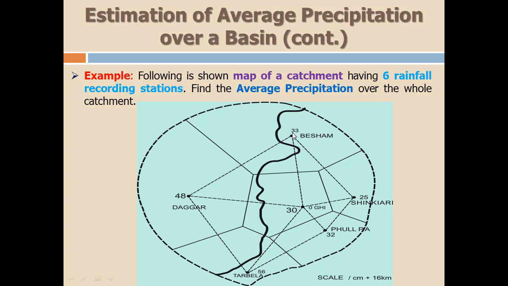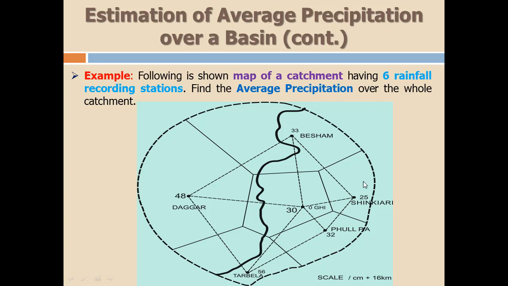One of the precipitation gauges is in Bisham, and the value of the precipitation is 33 millimeter. Shinkyari, Holia, Ogi, Turbela, and Dagger: 1, 2, 3, 4, 5, 6. These are all the 6 precipitation gauges.